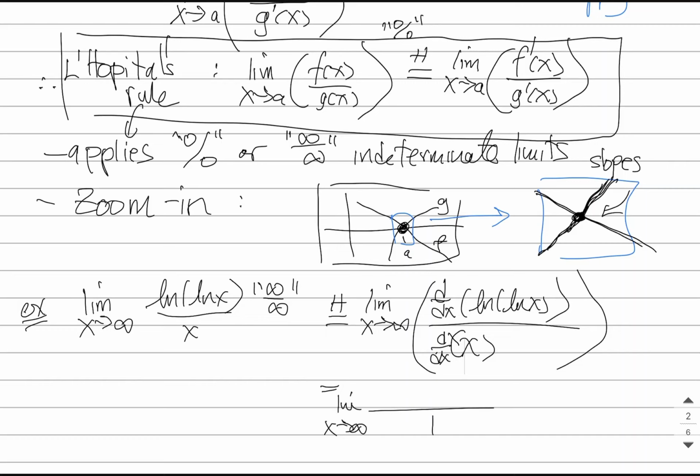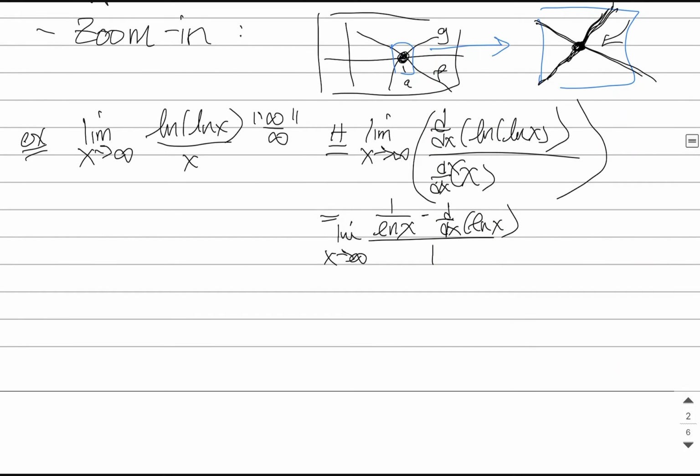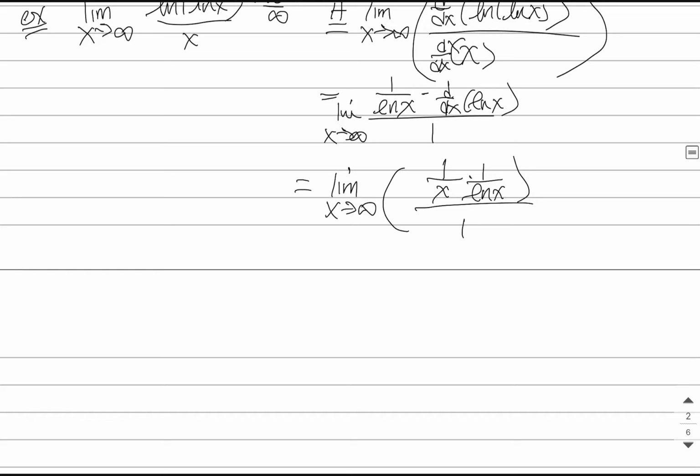The derivative of a logarithm of stuff, according to the chain rule, is 1 over stuff times the derivative of that stuff. And so if I just continue on here, I'll end up getting 1 over x times 1 over the natural log of x, all over 1. And this could be written as 1 over x times the natural log of x.